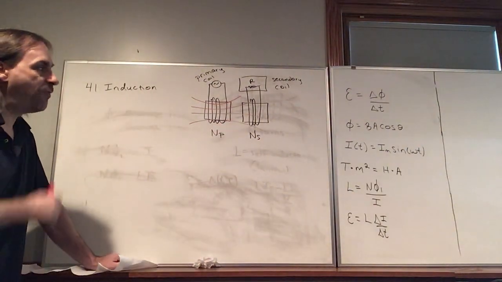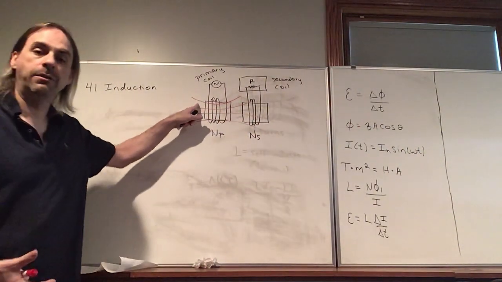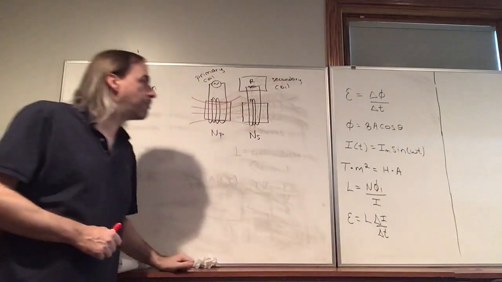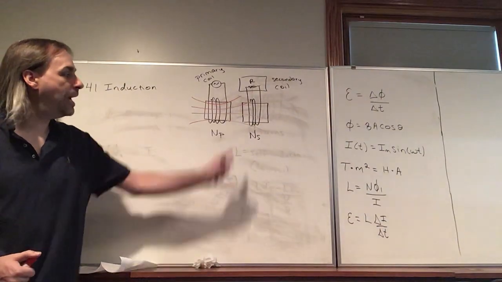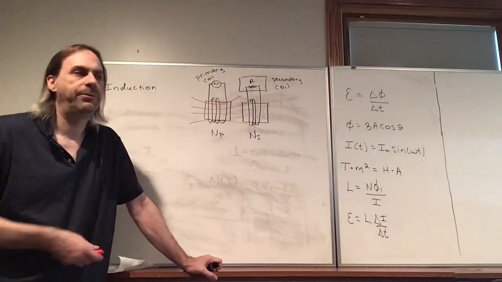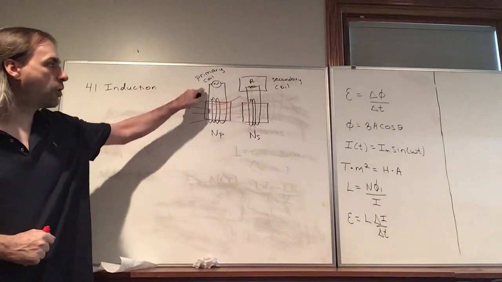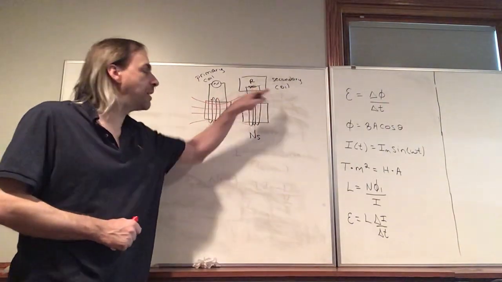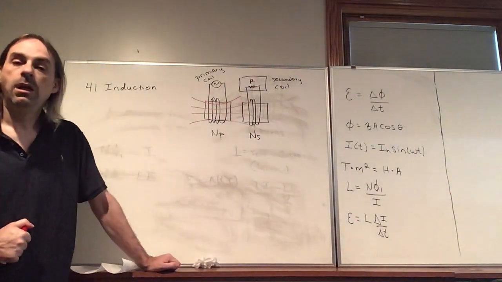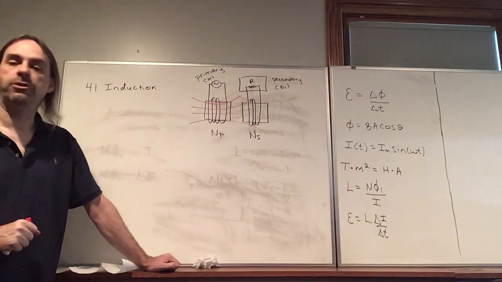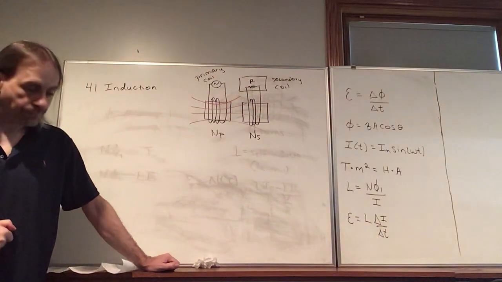And so there will be a flux in the secondary coil, and because this current is constantly changing, the magnetic field it produces is also going to be constantly changing, and so we will have an EMF in the secondary coil. Just kind of interesting because there's nothing hooked up to it directly. So it's like you run a current here, and that's actually going to create a current in the secondary coil. So, kind of interesting. Okay, so this is called mutual induction, compared to self-induction.